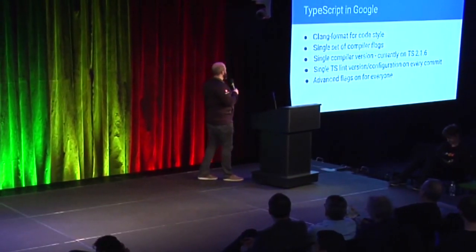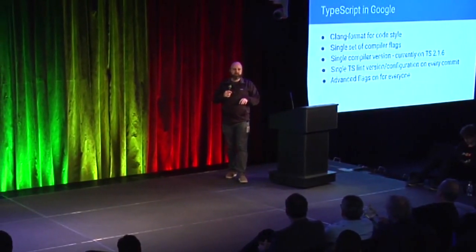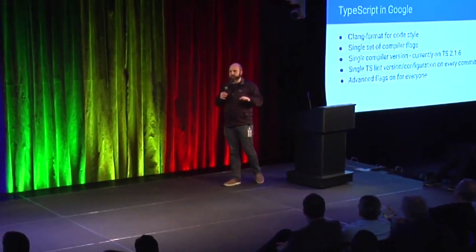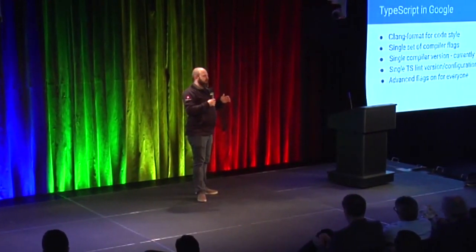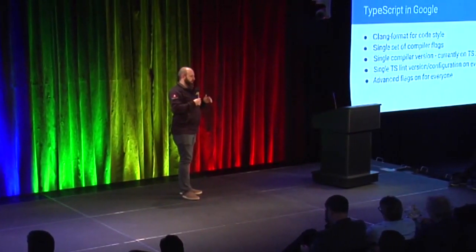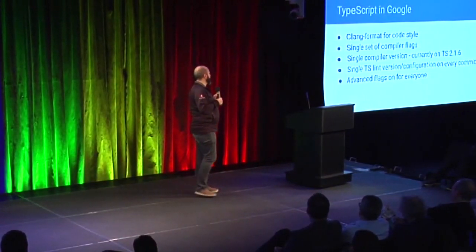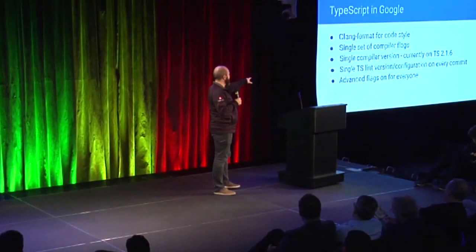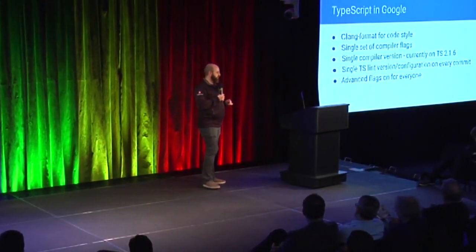So that's nice. We have a single set of compiler flags for all TypeScript written in Google. That one is a little controversial. I don't know if you know, TypeScript has around 40 flags. It's a very customizable compiler. Some of them change quite a bit. I won't have time to go into details, but I'll show you the slides afterwards, I have more information about it.